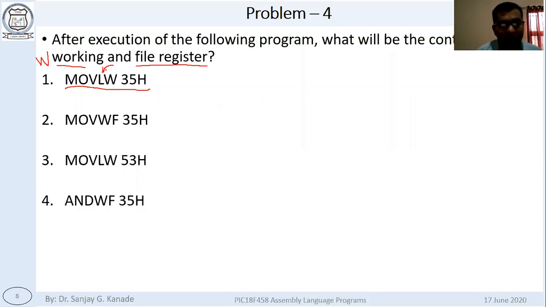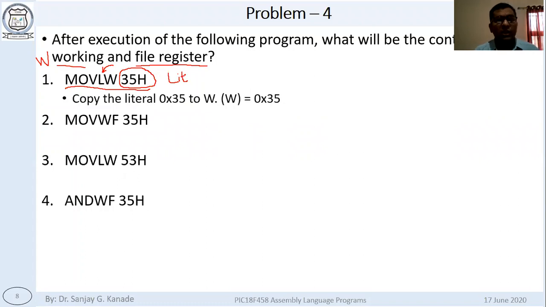See, here is L, meaning whatever is given is a literal. So this instruction will copy the literal 35 to W. At the end of this instruction, W will have the hexadecimal value 35. Why am I taking 35 as a literal? Because of this instruction, MOVLW, meaning move or copy literal to W. That is what the instruction says, right?